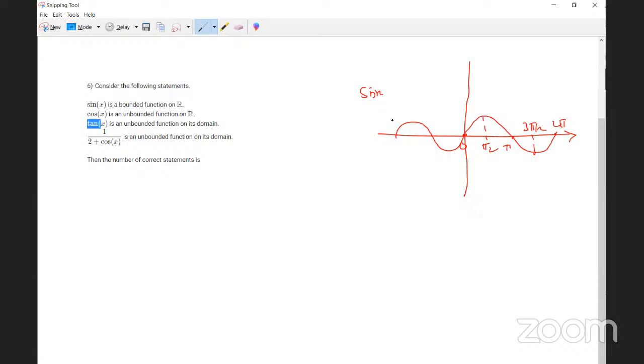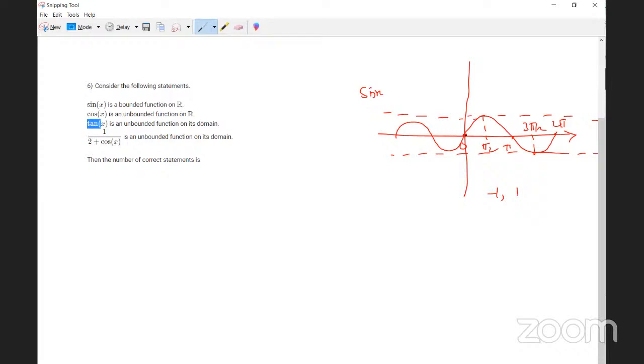Now this function is bounded between 1 and minus 1. So the lower bound of this function will be minus 1 and the upper bound will be 1, right?